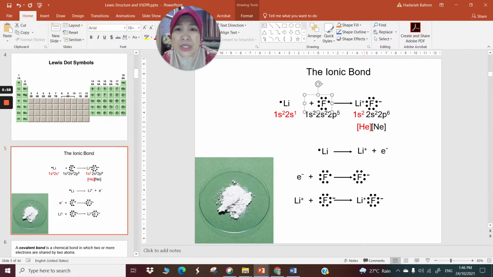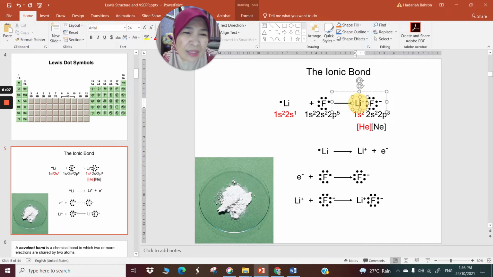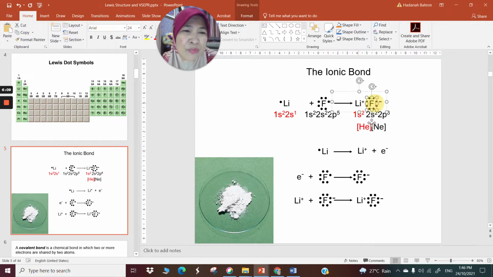In an ionic bond, you have a complete transfer of electrons from the metal to the non-metal. So you have lithium plus and fluorine minus, or we call it fluoride, after it becomes an ion.